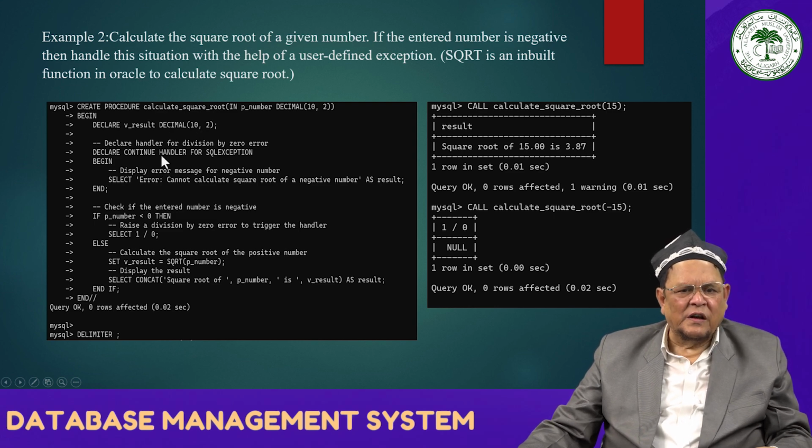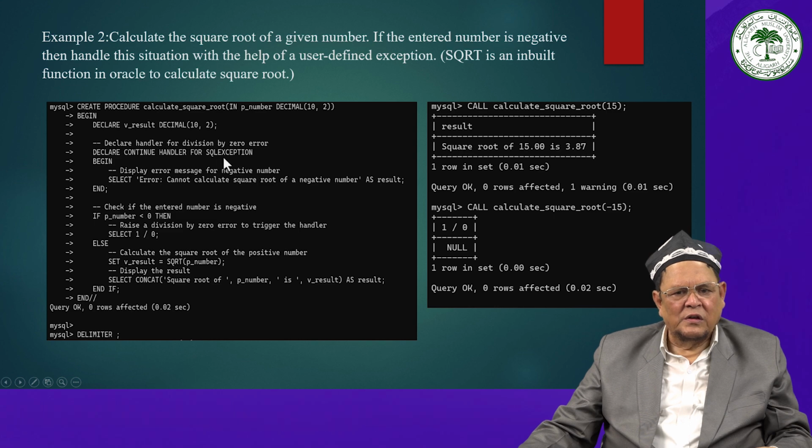Then you have to declare the handler for the division by zero error. We declare a continue handler for SQLEXCEPTION, begin, select 'Error: cannot calculate the square root for negative number' as result. Check if the entered number is negative, then raise the division by zero error, which will trigger the handler.